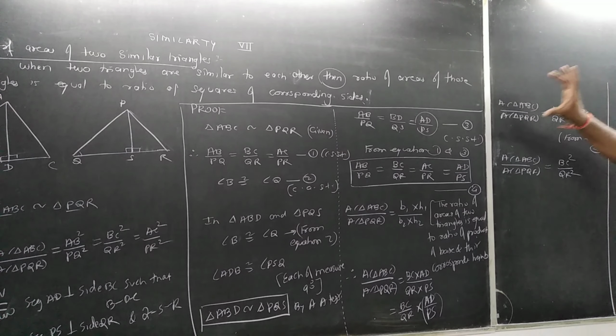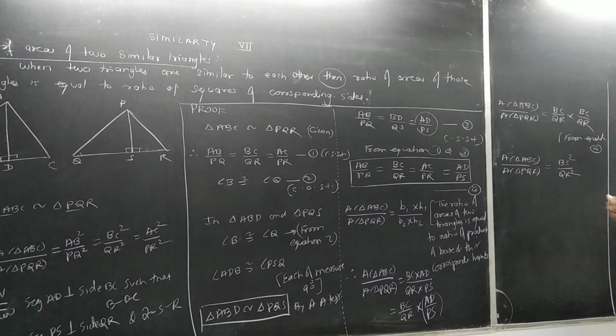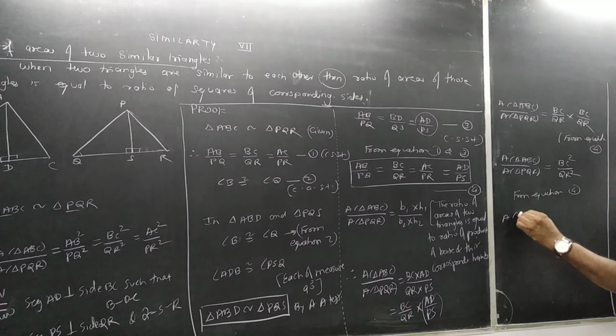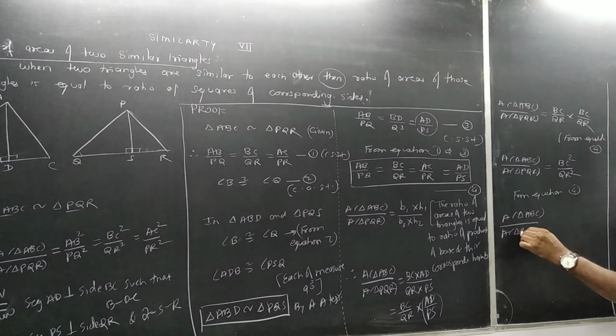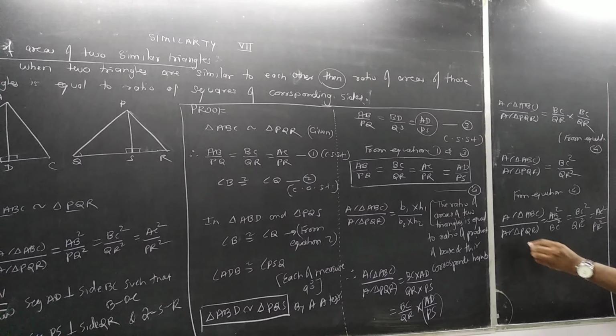Now this I am going to compare again with equation number 4. I can substitute anything in it. So from equation 4, I can write area of triangle ABC upon area of triangle PQR is equal to AB square upon PQ square, BC square upon QR square and AC square upon PR square.